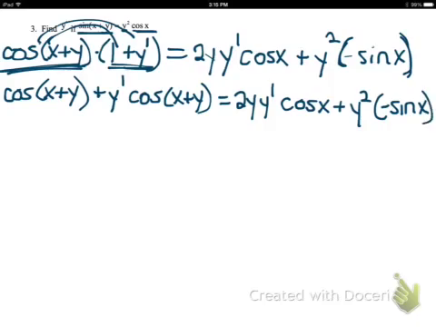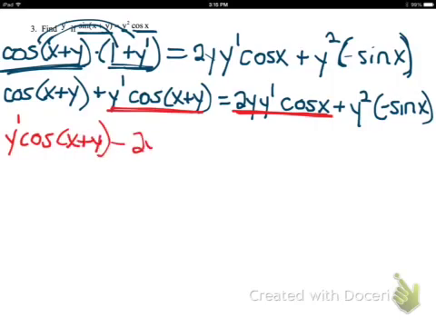So now if I underline which terms have y prime in them, this term, that's one term, okay? And then I have my 2y y prime cosine. Those are my two terms with y prime. So I'm going to bring those to the left. I'm going to leave the first one there. And I'm going to subtract the 2y y prime cosine of x.